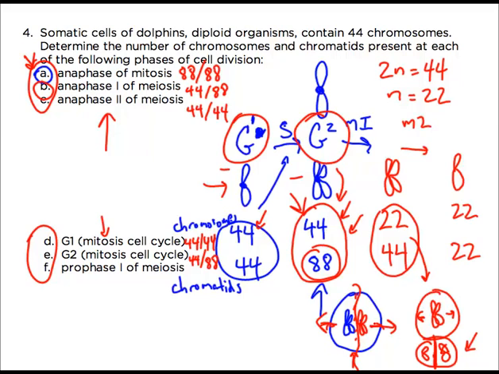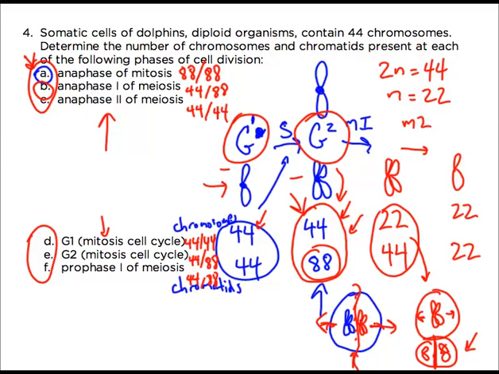Because after G2, in prophase of meiosis 1, what's really happening is just that the chromosomes are condensing. They're starting to interact with the spindle fibers, but they haven't moved apart. So whether it was really honestly prophase 1 of meiosis or of mitosis, you'd still have the same number. So it's still 44 and 88 there.